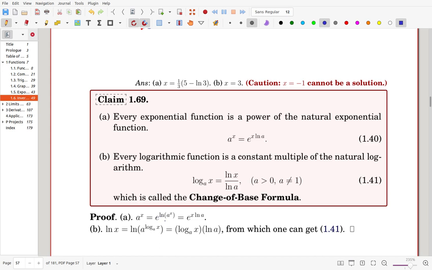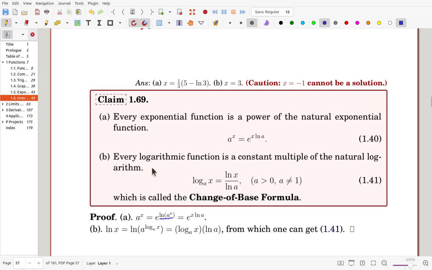Now if we focus on this portion, by using the power rule, x can go out in front of the logarithm. So we reach exactly this equation.